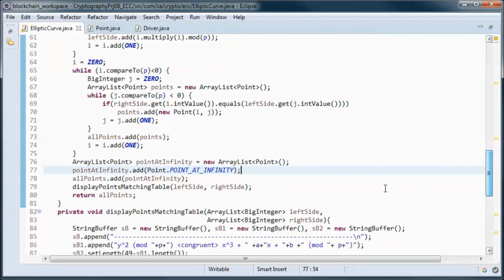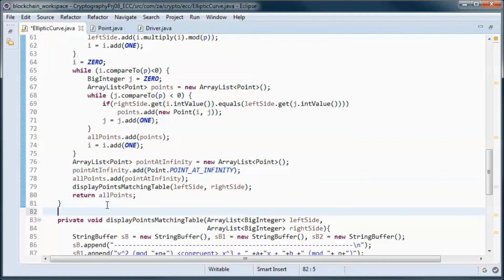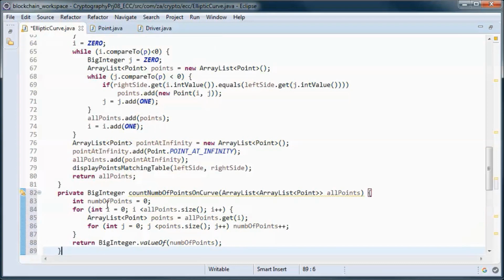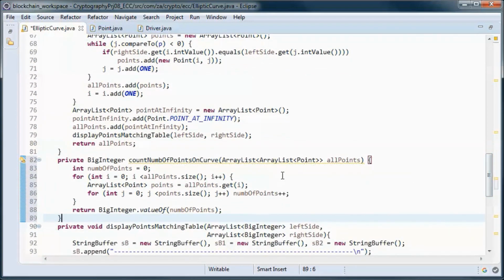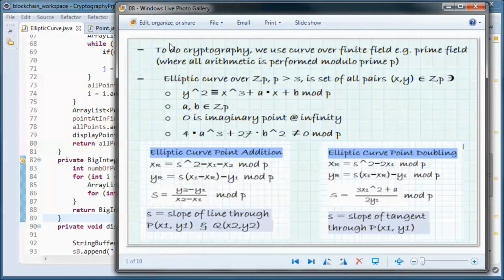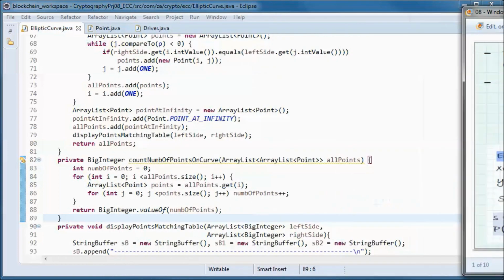And this is a helper method to count the number of points that are on the curve, and this is the equation for the elliptic curve. Y squared is congruent to x cubed plus ax plus b in mod p.